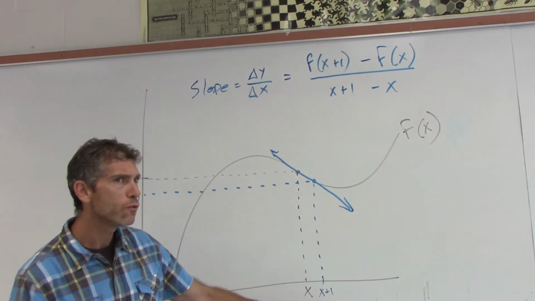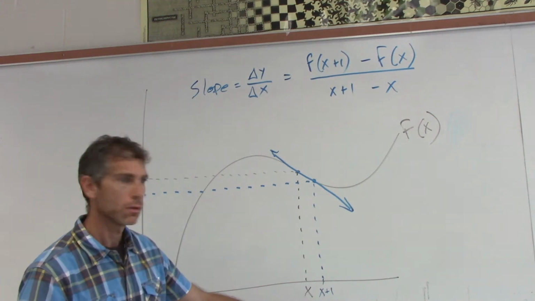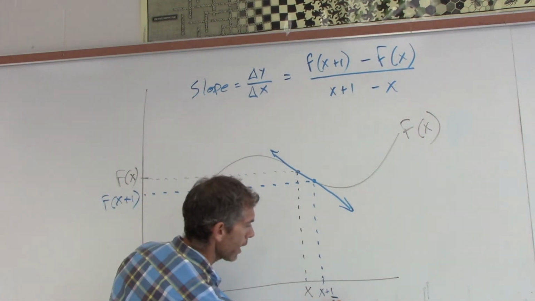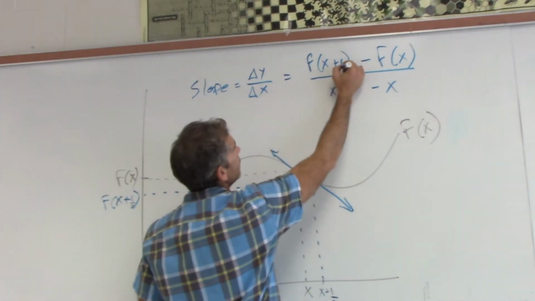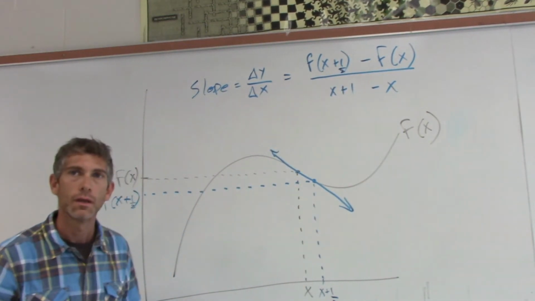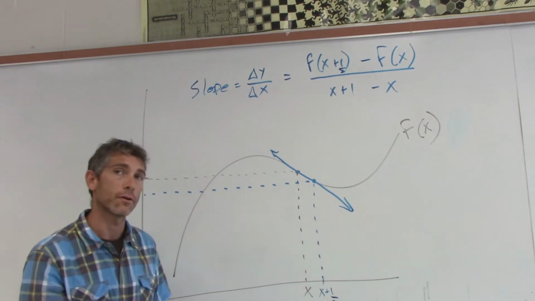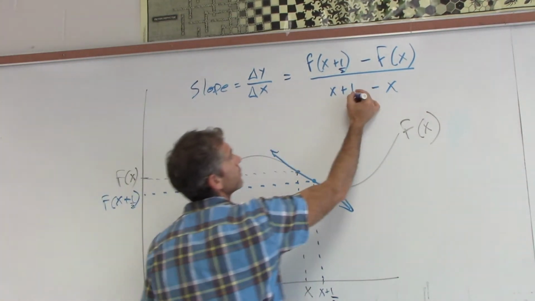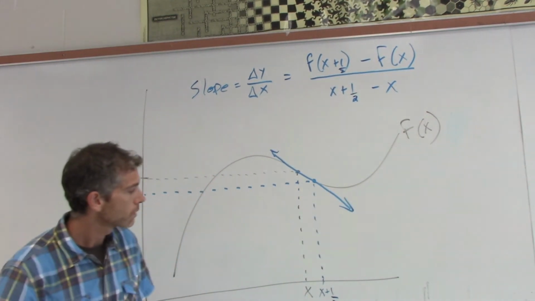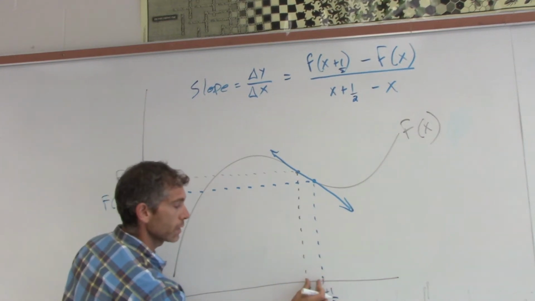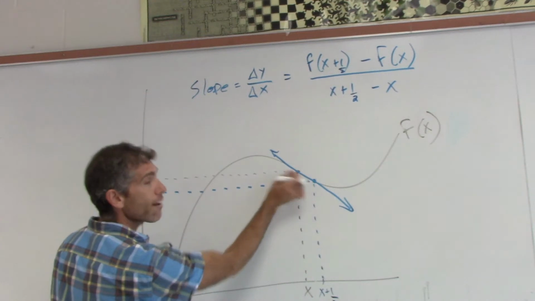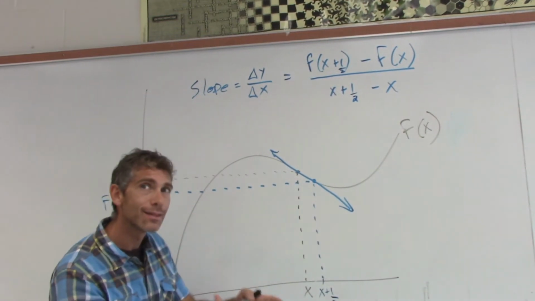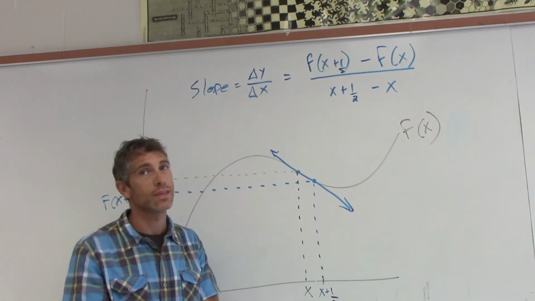Why did I move 1 to the right? Why don't I move a half a unit in? Now these 2 points are closer together. And there would be a half in the denominator too. These 2 points are visually getting closer together, so this average rate of change is a little more aligned with the instant rate of change.